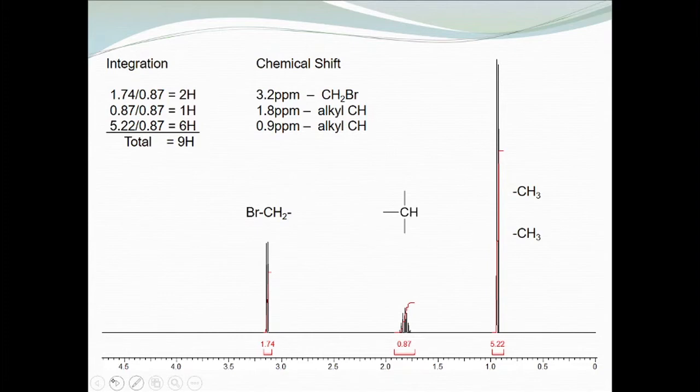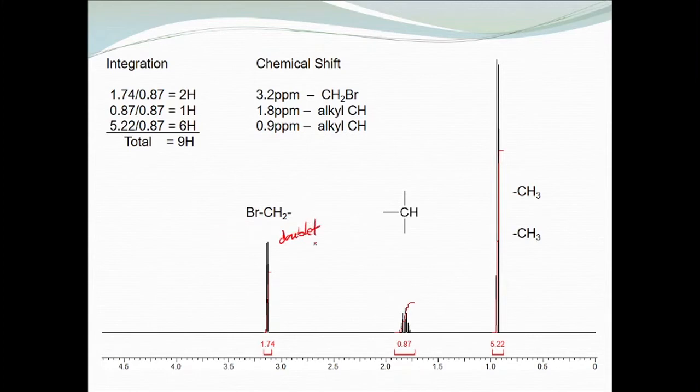So the last thing we need to do is determine how we put this together. Really, with the bonds we have, there's only one way to assemble this into a molecule, but we'll go through the steps anyway, looking at the splitting for each peak. And we can start with the bromomethylene group. This is a doublet. There are 2 peaks, roughly equal intensity, so this is a doublet.